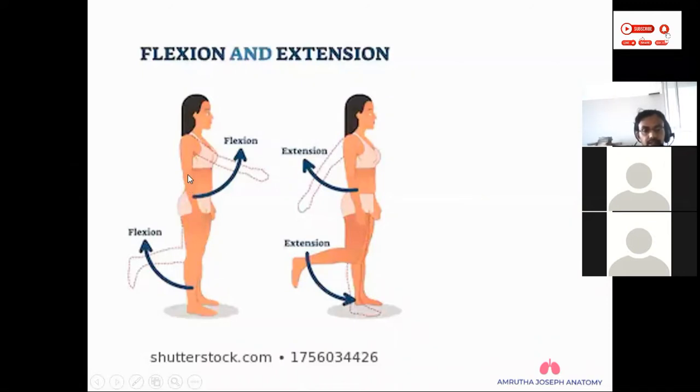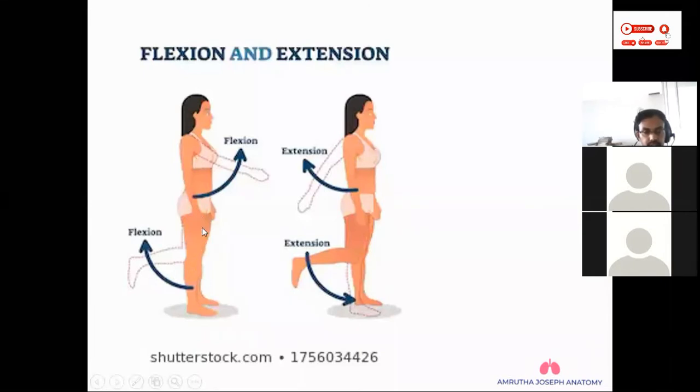This surface is called the flexor surface in the upper limb. But coming to the lower limb, this surface is called the extensor surface. I'm just repeating that once again. The anterior surface of the upper limb is a flexor surface. The posterior surface is the extensor surface. But coming to the lower limb, it is just opposite.